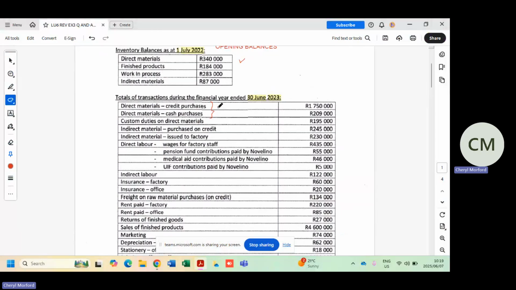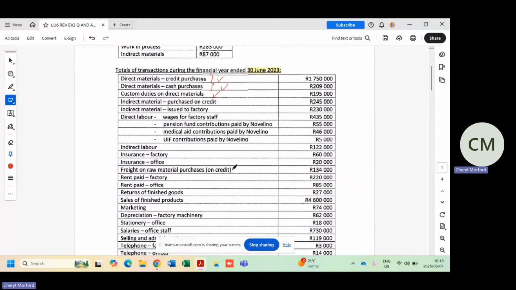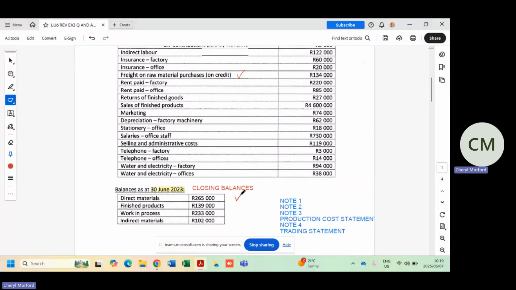So we have a credit purchase and a cash purchase. Here's another one that will increase the cost of the materials, customs duties. Then keep going down here. Here's another one, freight. And lastly, the closing balance at the end. So those are the things we need to write up in the note.